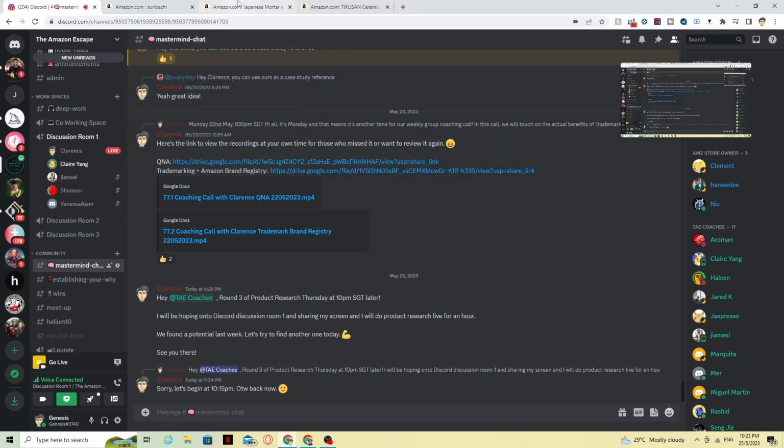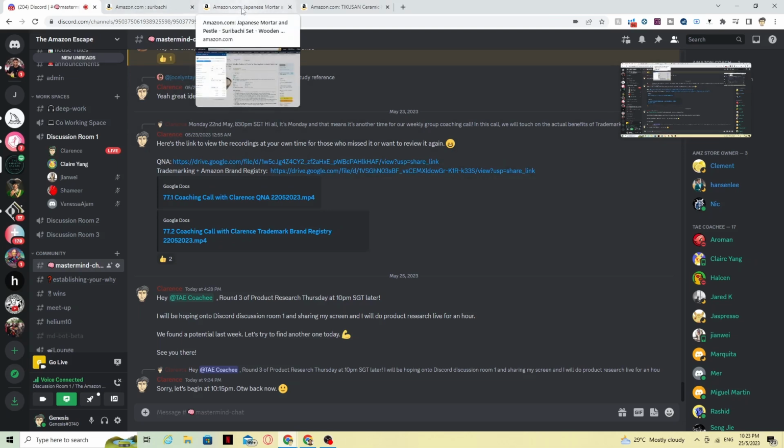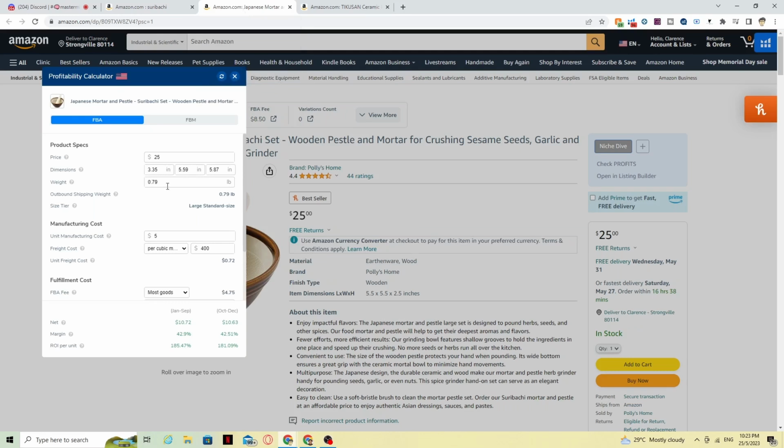The profitability calculator, is it just the normal Platinum Helium 10 you have? This one? I'm asking about the profitability. I paid for the Helium 10, but it's not activated. It's a Platinum, I think you should have it.